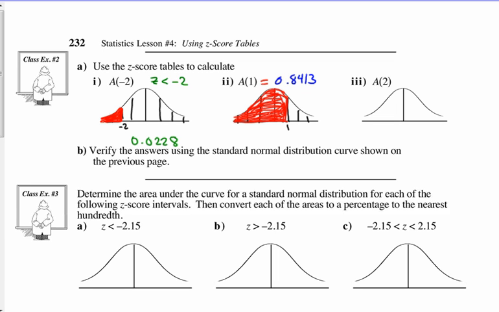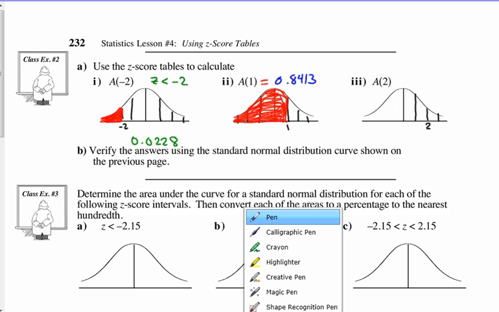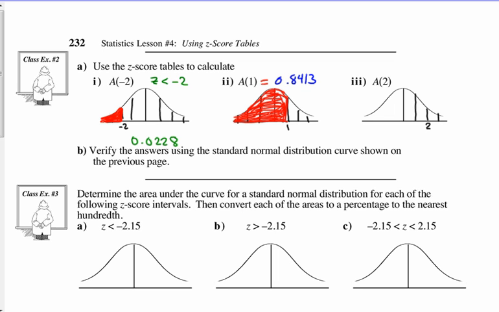And area under 2. So again, let's draw in 1, 2, 3. So 2's here, and we want the area under 2. So if you had a highlighter, it's actually a little bit easier. We want the area under 2. So shade that in. Okay. So two decimal places, that'd be 2.00.